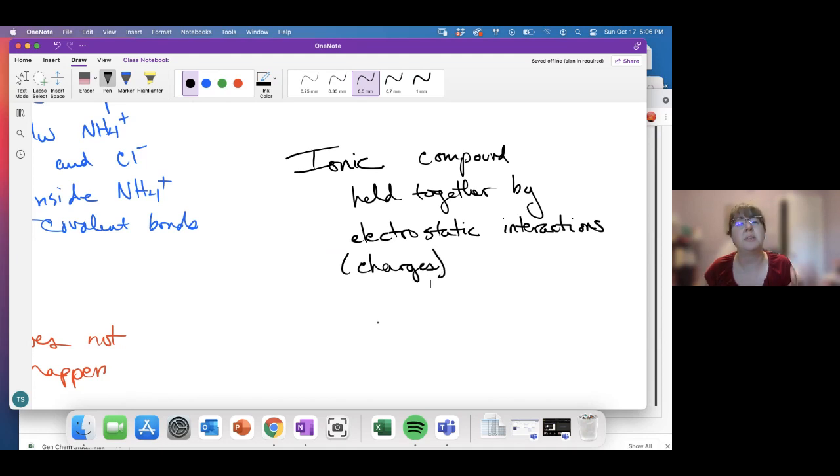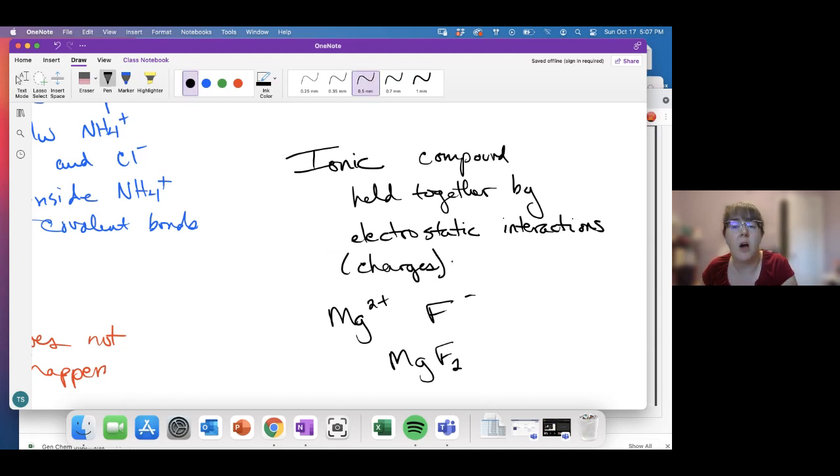So you most commonly see this with a metal and a nonmetal. There's a magnesium, there's a fluoride, and these are held together because the positive magnesium ion, which is a metal, is attracted to the negative fluoride ion, which is a nonmetal.